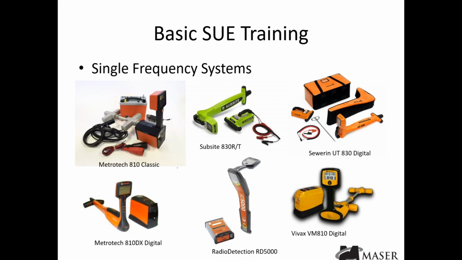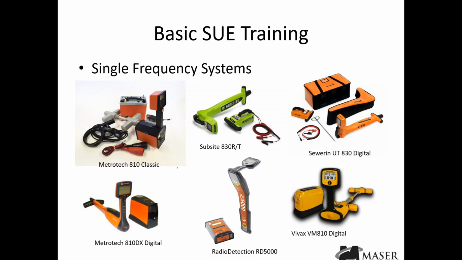Next to it, the Subsite 830. And one of the interesting things that you'll note through each one of these things, the Subsite, the Severin 830, the Metrotech Digital 810, which is essentially the digital version of the original analog 810 Classic.